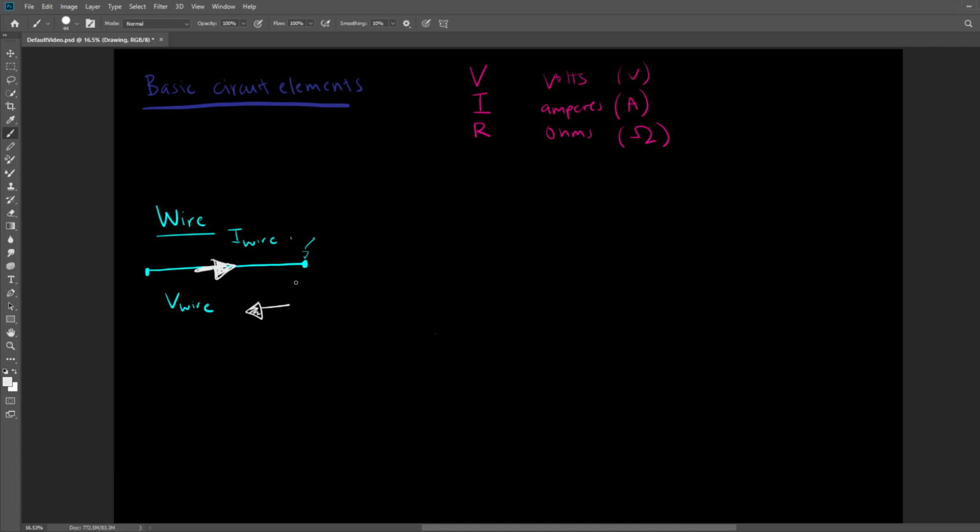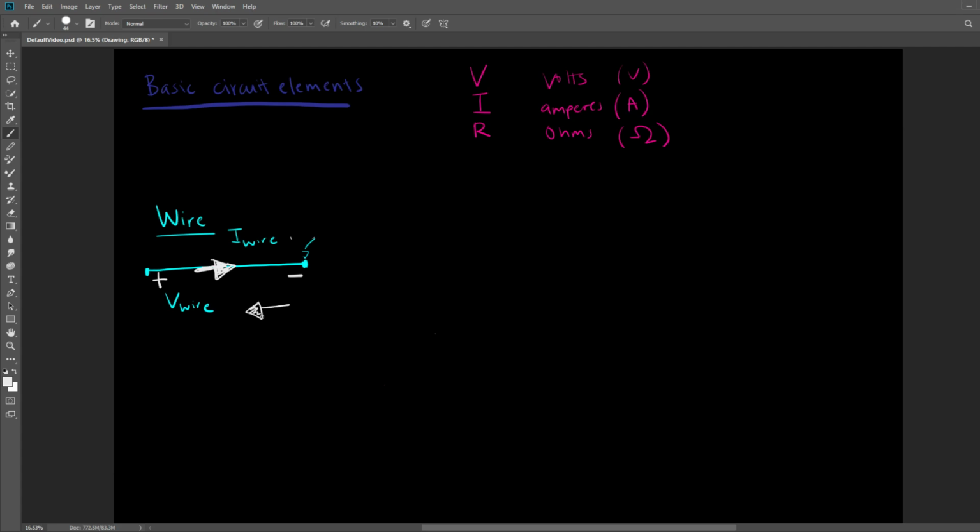And pretty much, based on passive sign convention, we're supposed to write a plus on the tail side of this arrow and a minus sign on the head. And all that means is, in our arbitrary world, if current is flowing in this direction, our voltages would follow this kind of plus-minus pattern.